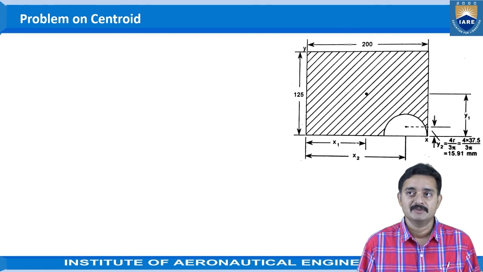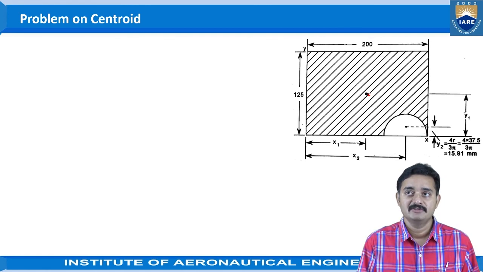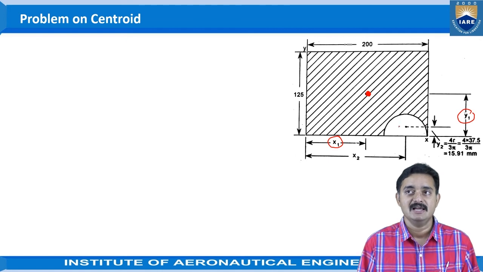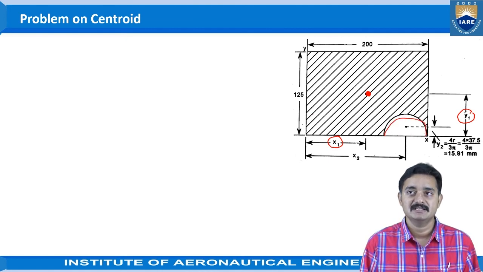If you observe, the centroid of this rectangle is positioned here. For the rectangle, it would be at a distance of x1 from the y-axis and at a distance of y1 from the x-axis. Coming to this semicircle, the centroid would be lying here.